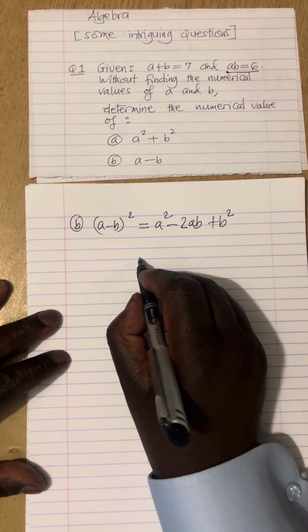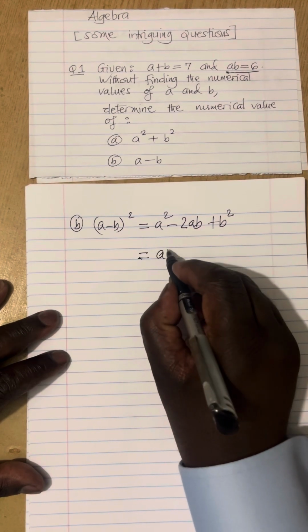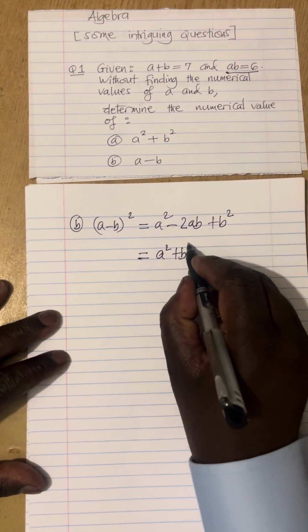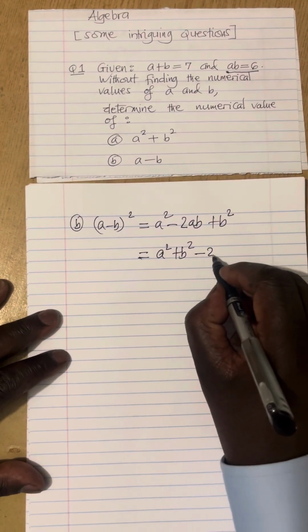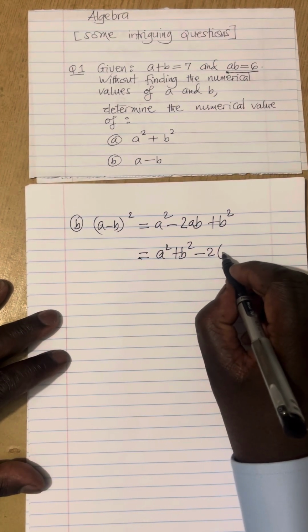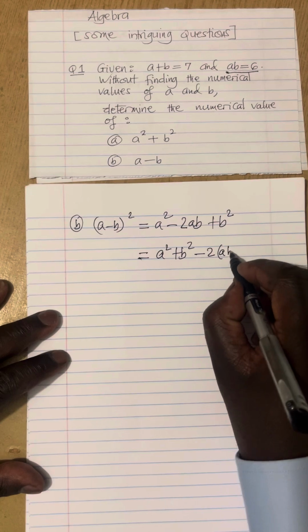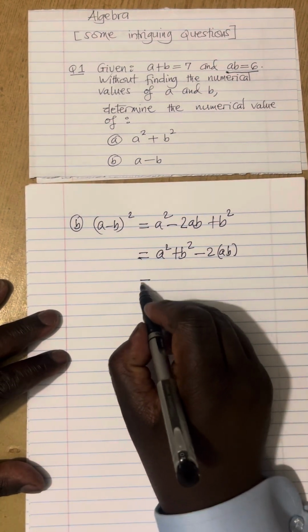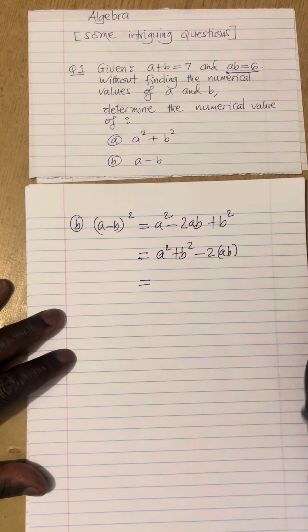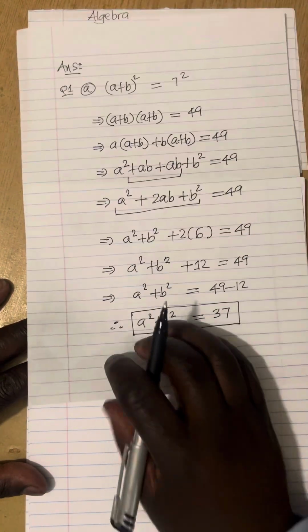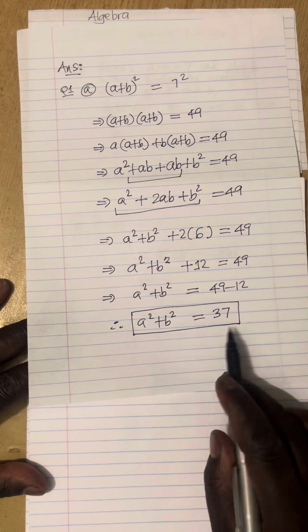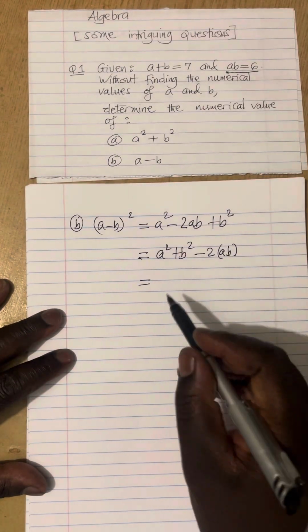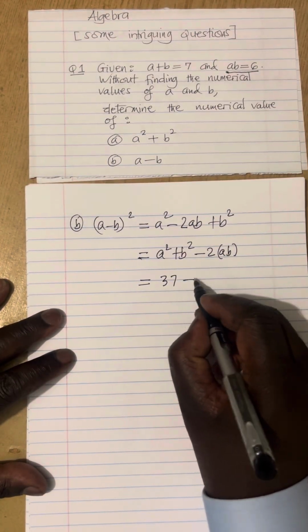Now we have something very interesting here, which is the fact that a squared plus b squared, we know the value of that, minus 2 ab. If you like, put it in brackets like that, it will be easier. What is a squared plus b squared? Well, we had a squared plus b squared here as 37, and therefore we must have 37 here minus 2.